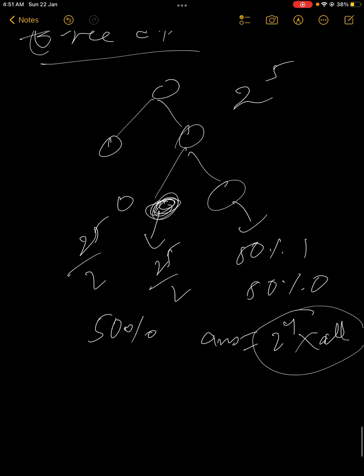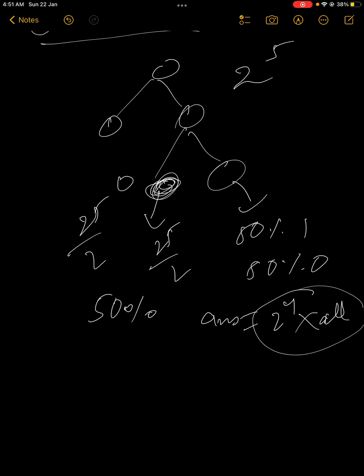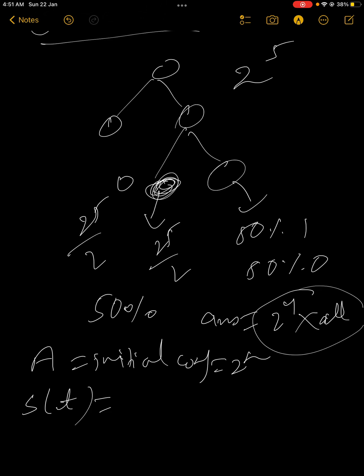Because what we have to do, let me define this question once again. So a is the initial configuration, which is equal to 2 raised to the power n. There is something called st defined, which is the sum of all values at time t.